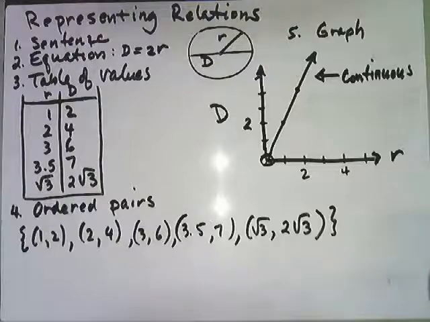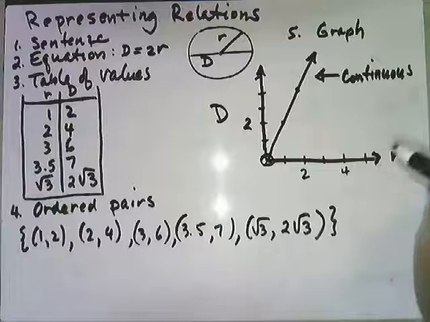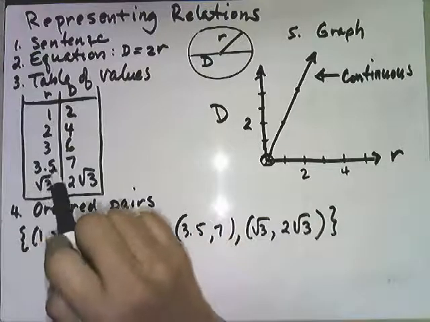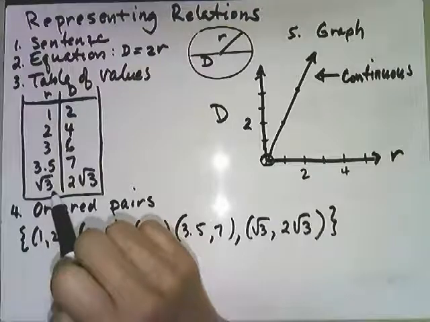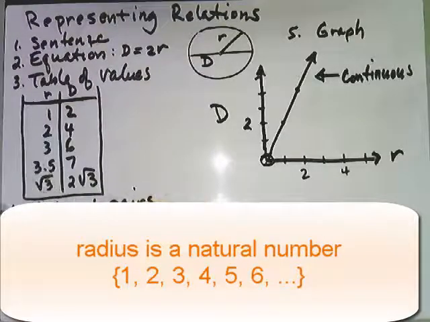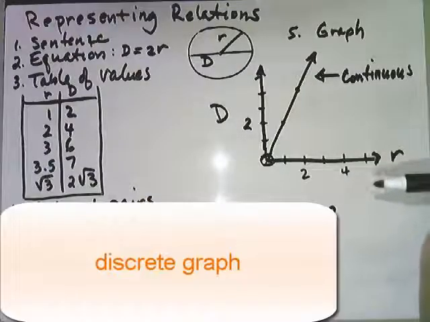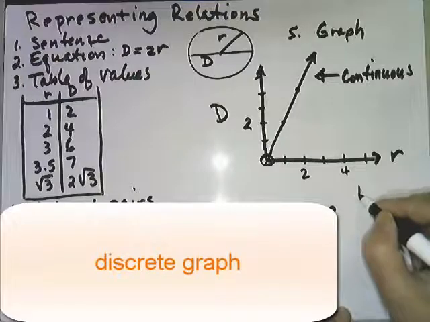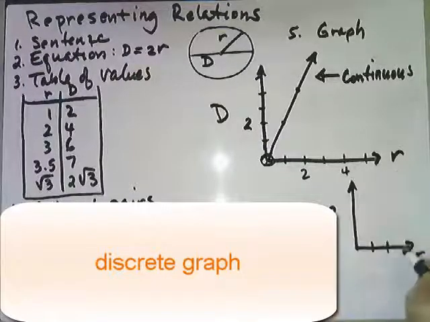If I said I'm only allowing whole numbers for the radius, in other words, I will not allow 3.5, and I will not allow irrational numbers like the square root of 3, just the natural numbers 1, 2, 3, 4, 5, 6, then they become a discrete graph. So here's a small sketch where we're only allowing discrete values.